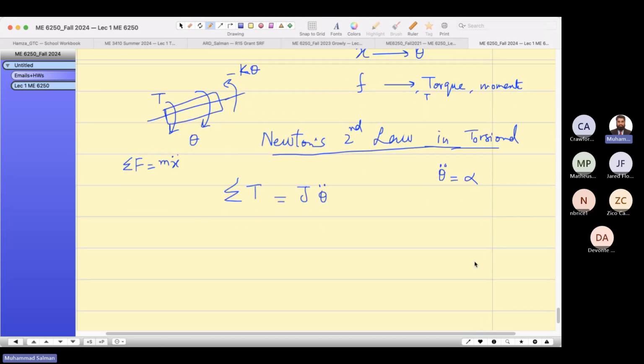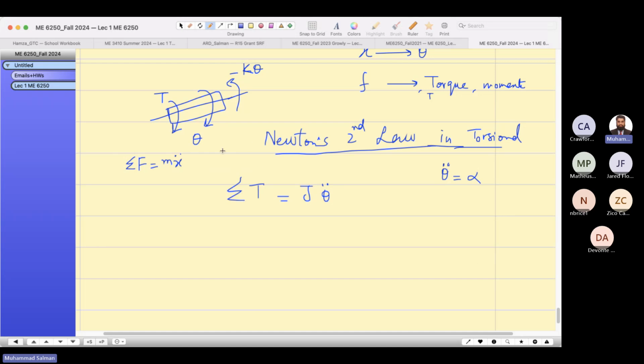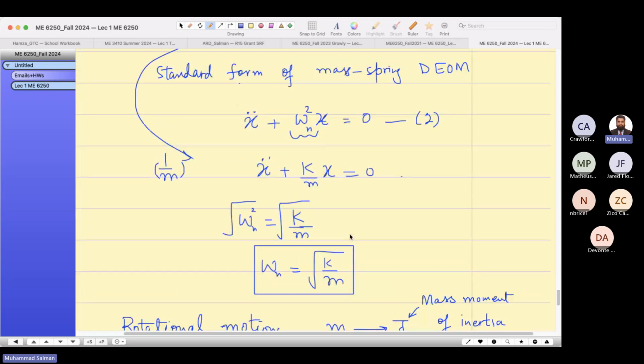So now I'm going to use this one. Look, this is a free body diagram here. So only one torque is the resistive torque. This is the applied torque, J theta double dot. Now here, this is our standard form.